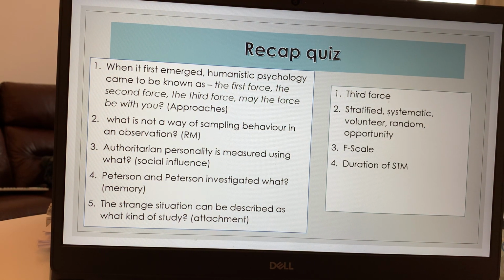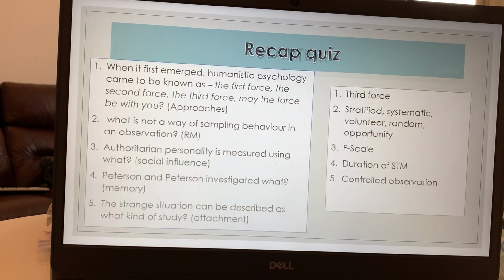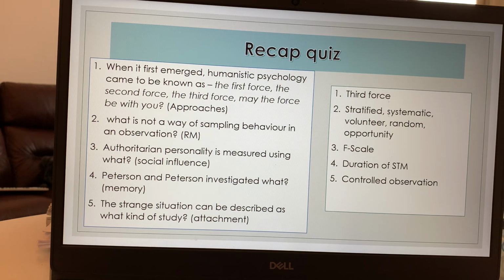Peterson, we did it in class, looked at the duration of short-term memory, and it gets worse after about 18 seconds. And then Ainsworth's strange situation was a controlled observation, with a two-way mirror, looking at mothers and infants. Whatever you didn't know, maybe use that as somewhere you can tailor some revision.